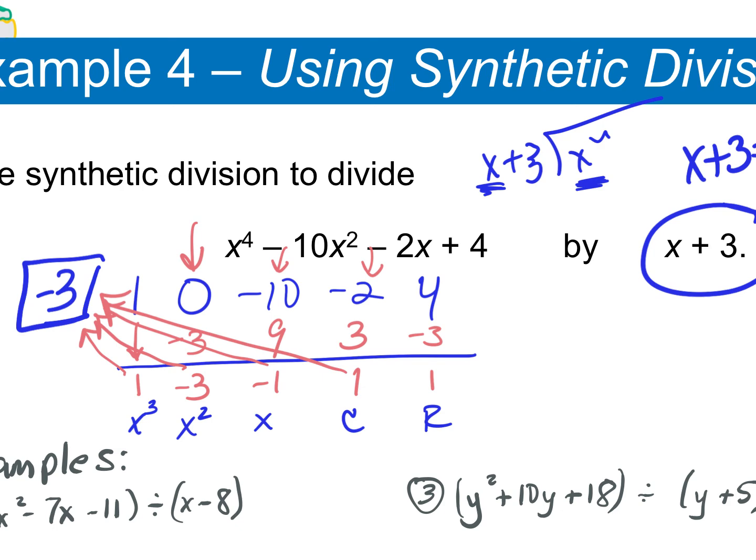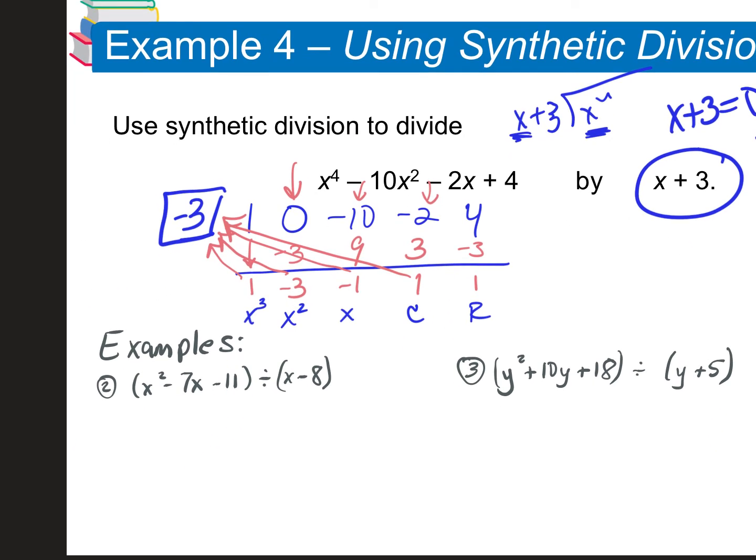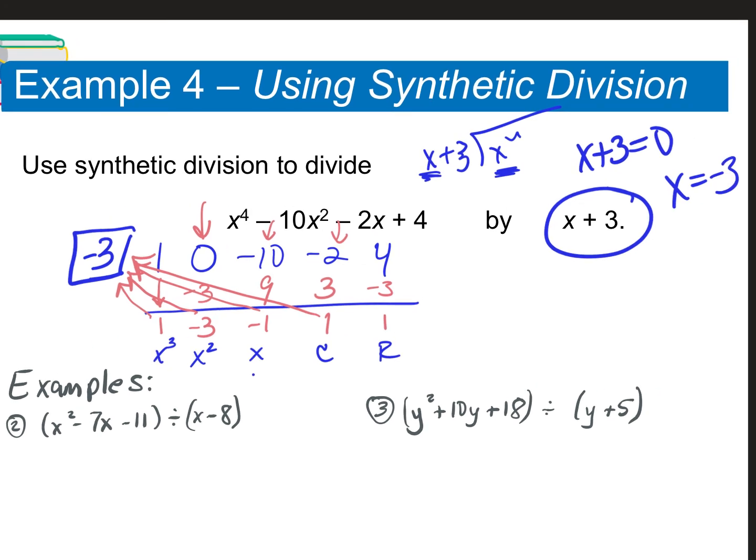Every time you use synthetic division, when you write your answer, you start 1 degree less than you started off with. So this would be x cubed, x squared, x, constant, remainder. So you have the coefficients of all of your variables and your constant, your remainder right here.